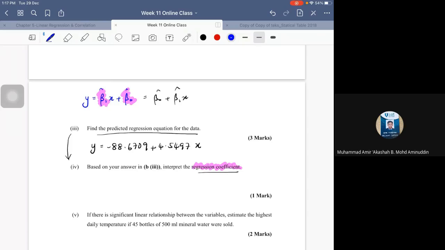I'm going to guess, but I think it's R. R is correlation coefficient. Oh, sorry, R square. R square is coefficient of determination. Now it's regression coefficient. Beta. Which beta? We have two beta, beta 1 and beta 2. So which one is regression coefficient?